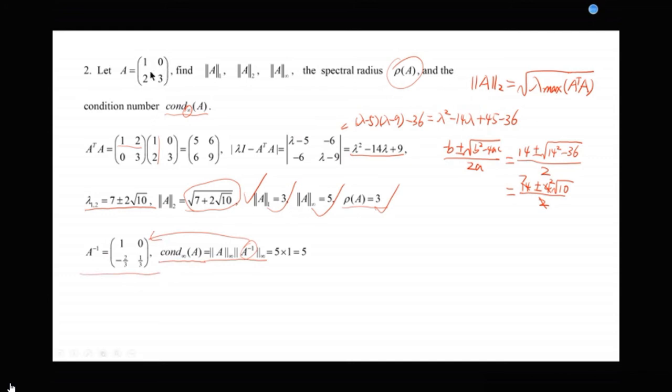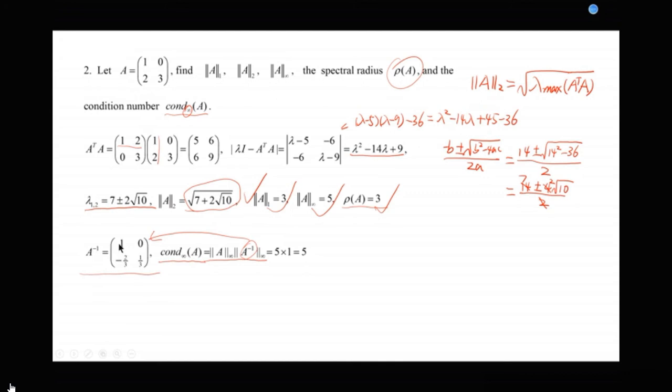Because it is a lower triangular matrix, it is easy to compute its inverse. Here I show you directly A inverse: 1, 0, minus 2 over 3, and 1 over 3. It's okay? Actually, you should remember how to obtain the inverse. At least you can compute it directly by solving the linear system. Okay? So here is A inverse.